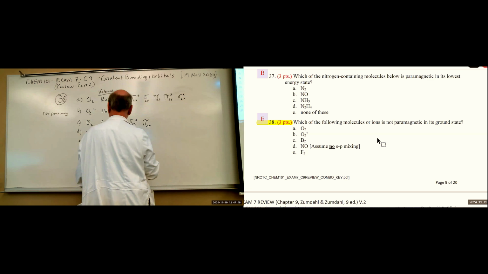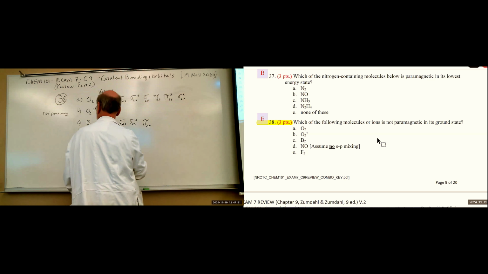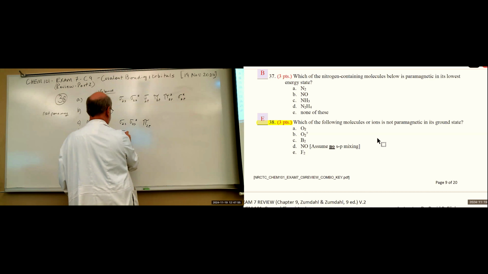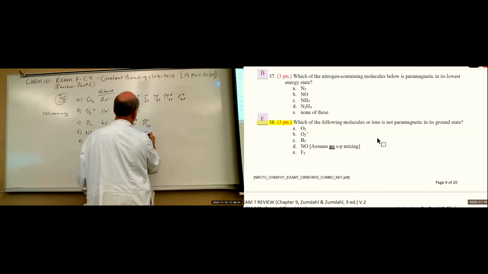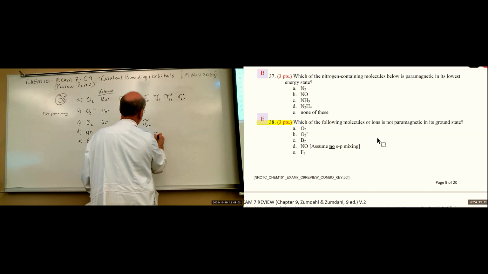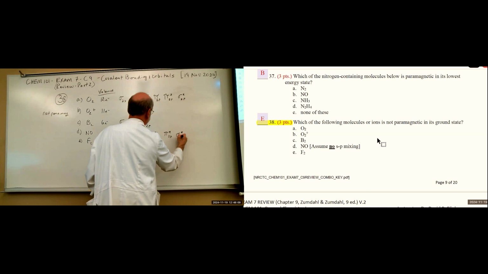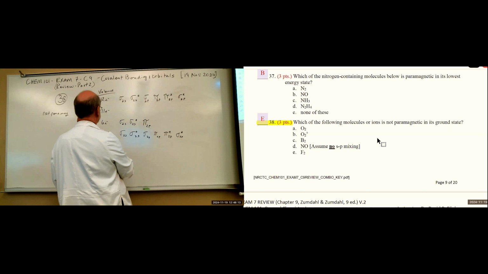That'll be enough. And then NO is no mixing, so it's going to be like oxygen. I guess better write that one out. Room for 11. You may not need all of them. Okay, and then fluorine is no mixing.